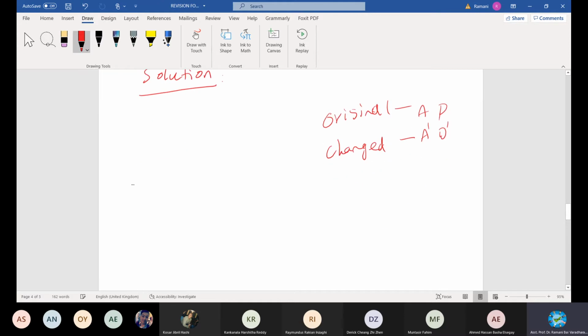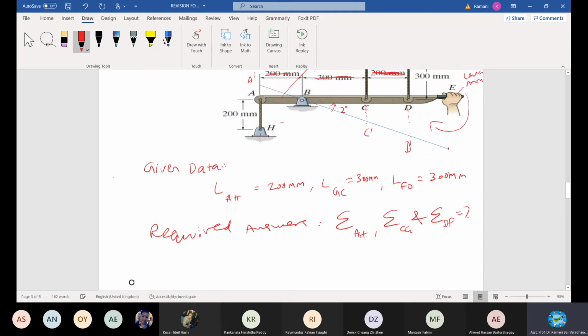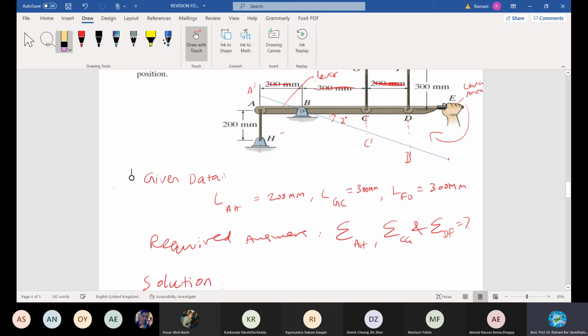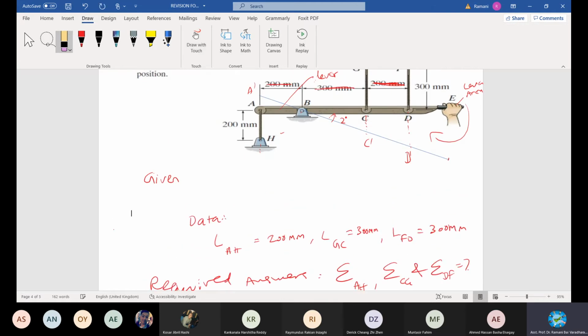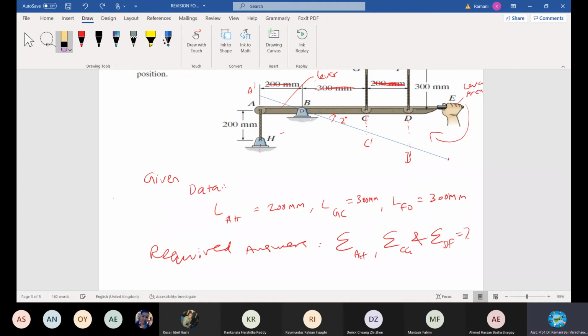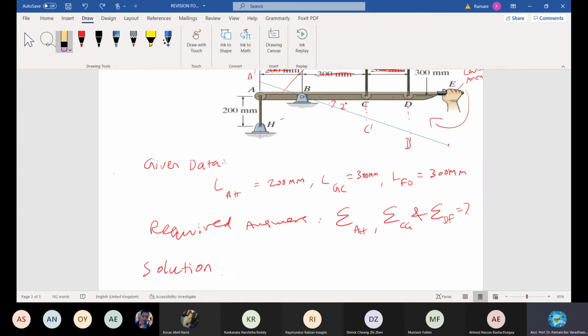You should know the relation between radians and degree. I think you should be knowing. What is the difference between radians and degree? Any idea?